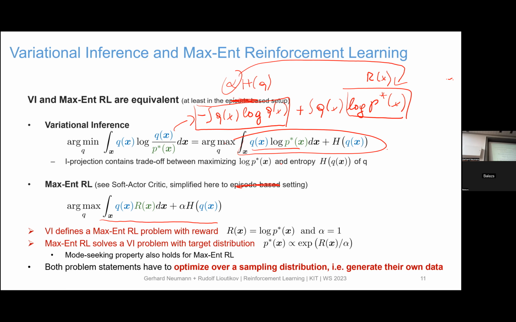And basically from that we can see that variational inference is solving the same problem as maximum entropy reinforcement learning, where the reward is log p star and alpha equals 1. And vice versa, maximum entropy reinforcement learning is just solving a variational inference problem, where the target distribution, p star of x, is given by the exponential of the reward divided by alpha.